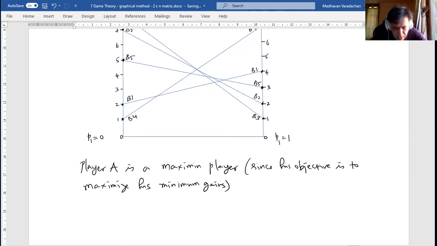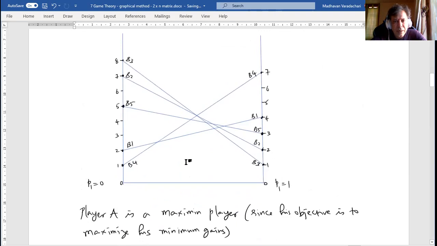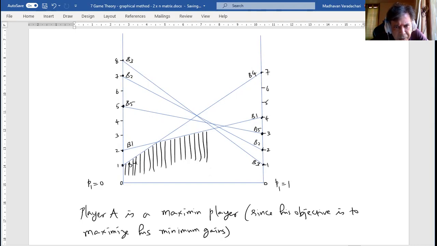So when we do the shading, I'll be doing a shading below all the lines. Common area, common to all the lines, but it is downward because this fellow is looking for maximizing his minimum gains. Minimum gains will come down.